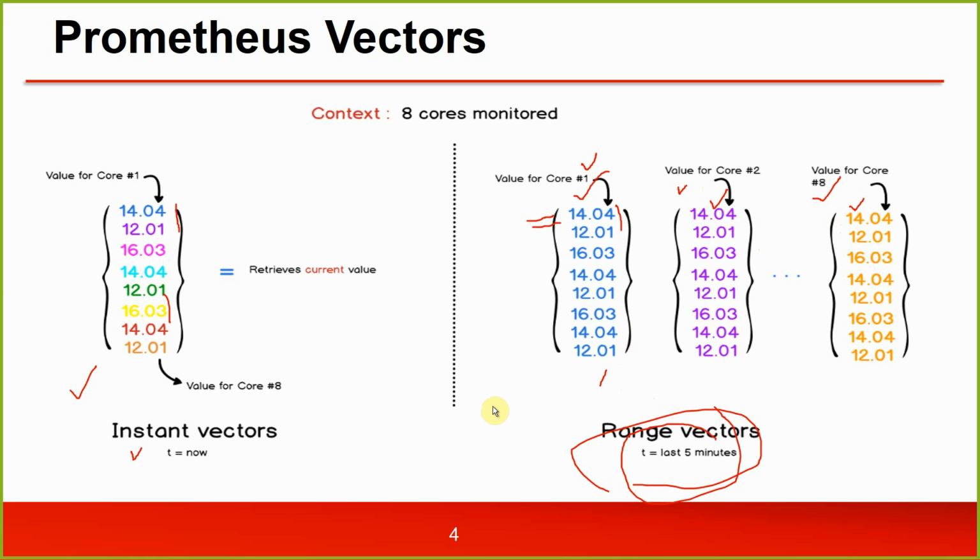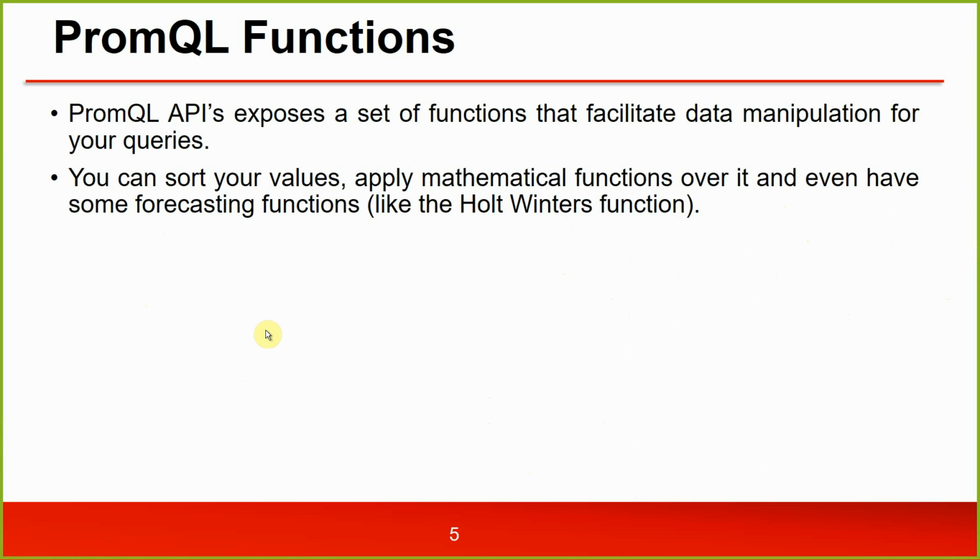So the value of core 1 in the last 5 minutes can be seen here. Value of core 2 in the last 5 minutes you can see here. Value of core 8 in the last 5 minutes, you can see those values. We are talking about the range of values for each core in the last 5 minutes. So that is instant vector and range vectors.